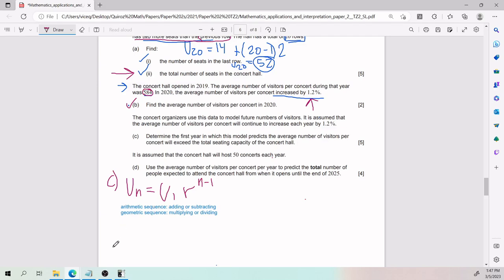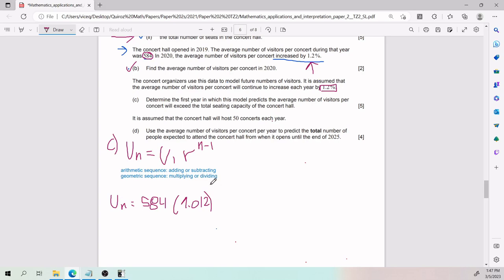See? So we're going to go with un equals 584 times r. What is r in this case? r in this case is simply going to be 1.2. All right.